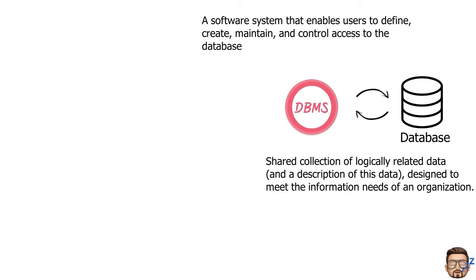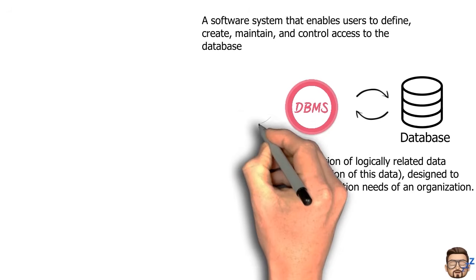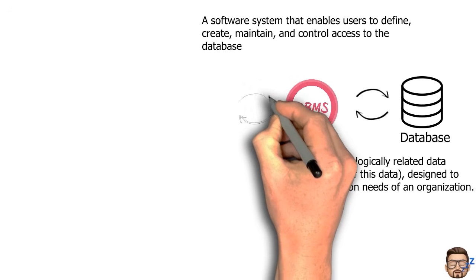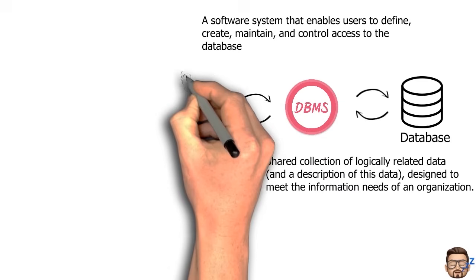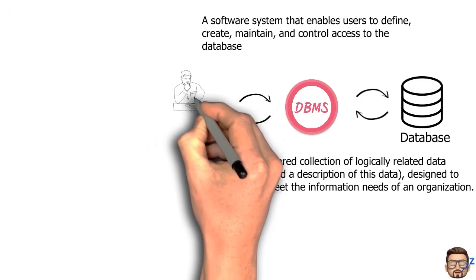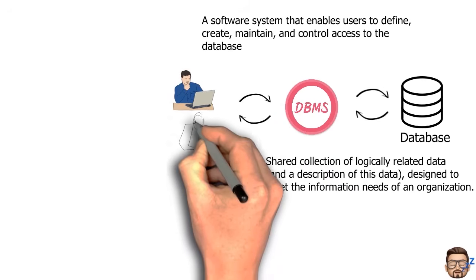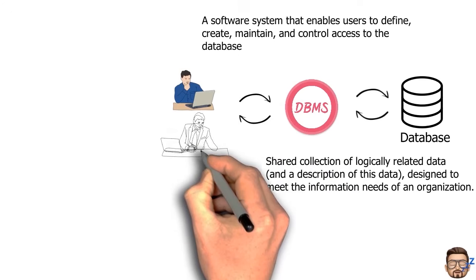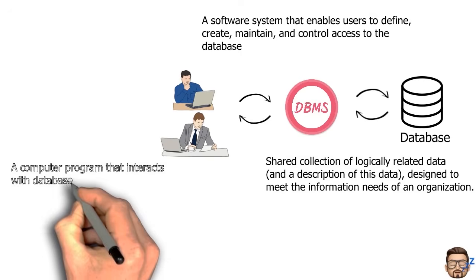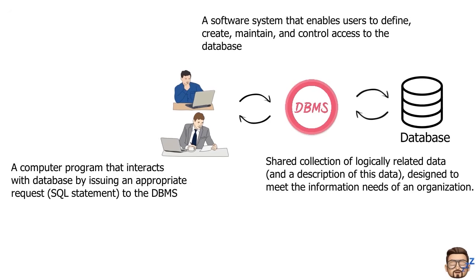A DBMS is software that enables users to define, create, maintain and control access to the database. In simpler words, DBMS is used to manage the database. Then, this DBMS will be used by the user through a computer program, a program that interacts with the database by issuing an appropriate request, for example an SQL statement, to the DBMS.